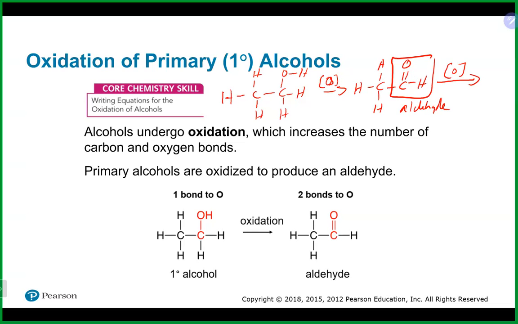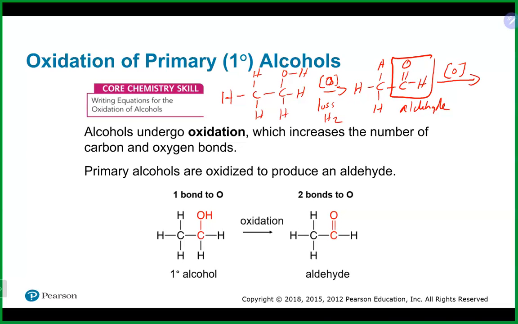What's actually going to happen here is a lot more complicated than I'm going to explain, but we're going to use the definition of oxidation as gaining oxygen. The first step, from the alcohol to the aldehyde, is the loss of hydrogen.